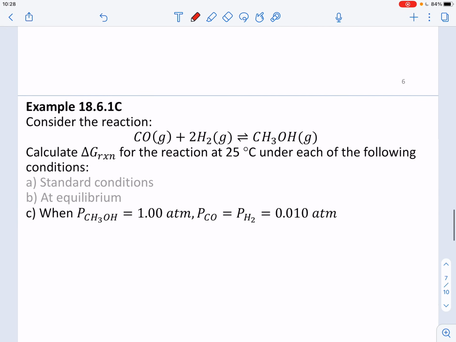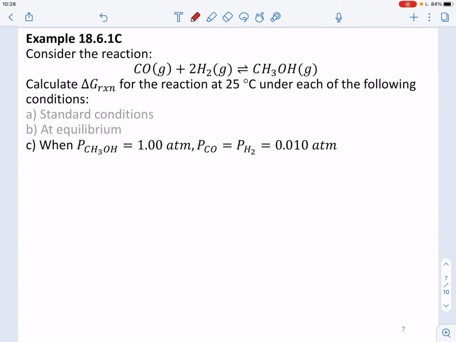But if you don't know what the actual pressures are, or the equilibrium pressures for that matter, if you don't know that information, then you can still calculate delta G, because we are giving you these pressures, right? But it's not specified whether they are equilibrium or not. Okay, so we don't know. Are these equilibrium? We don't know. So if we don't know, then we take our precautions.